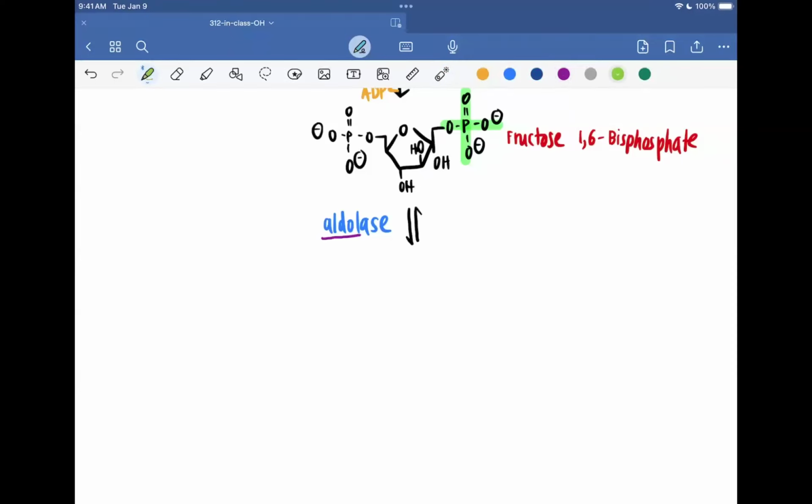And that break occurs at these green lines, where carbons 1, 2, and 3 are going to be used to form the molecule dihydroxyacetone phosphate, and carbons 4, 5, and 6 form glyceraldehyde 3-phosphate.